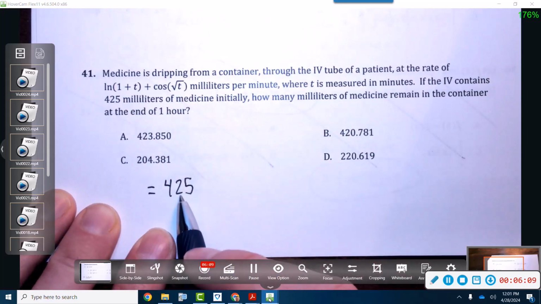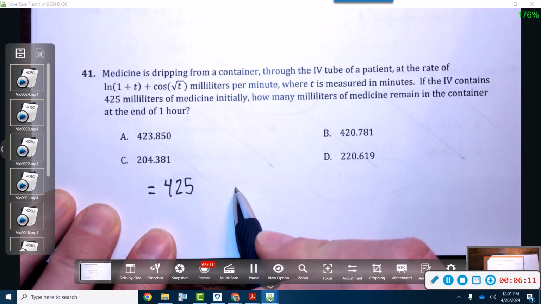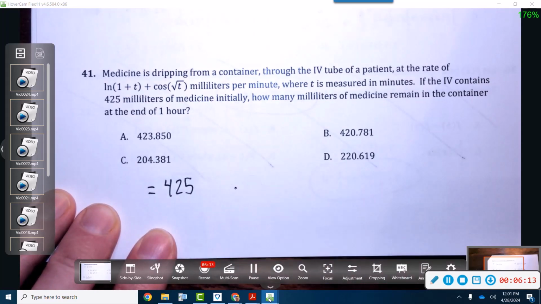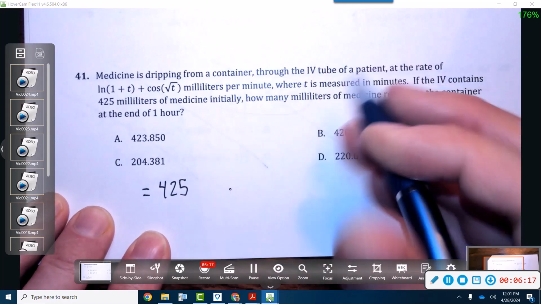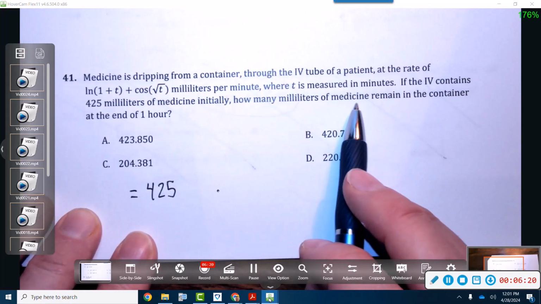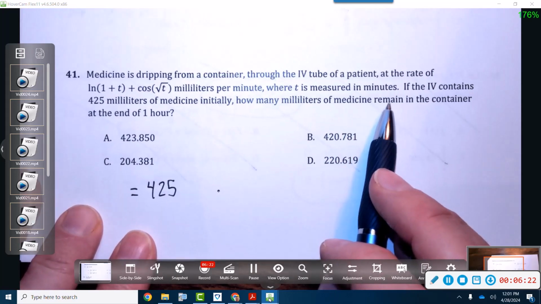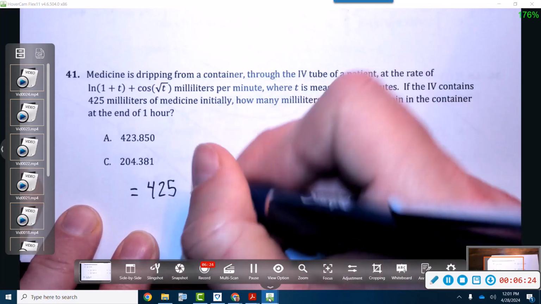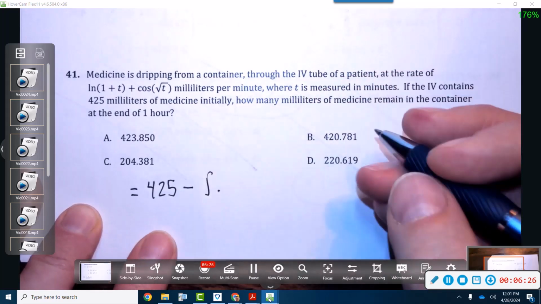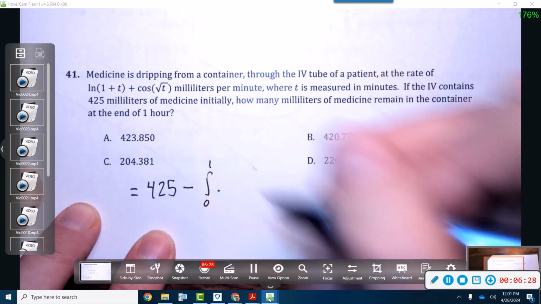So these milliliters minus those milliliters will be how much is actually left. If it said how many milliliters of medicine is lost, then you would not subtract it. But you really have this right here, and you're only going for 1 hour.